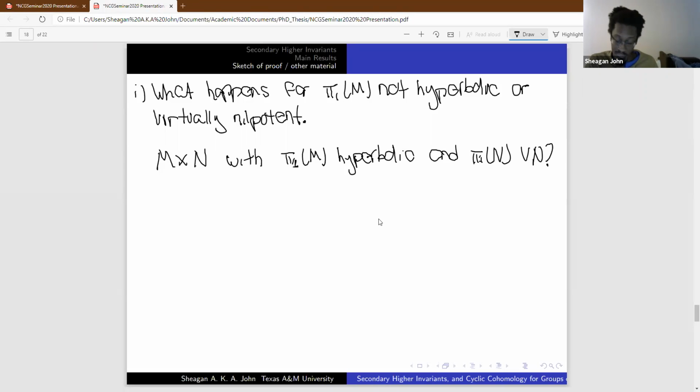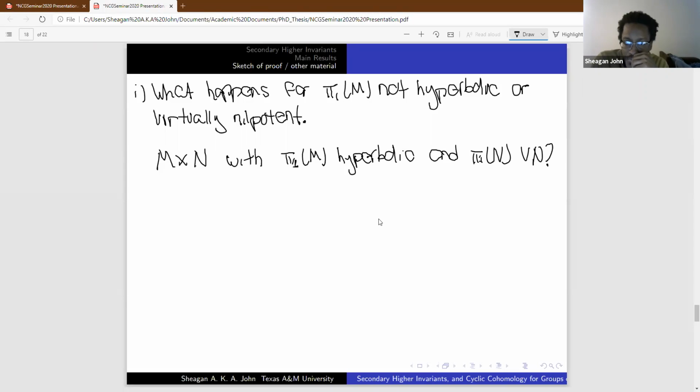Do we have similar results regarding the delocalized higher eta invariant? This is something I'm currently working on with Alexander Weygand.